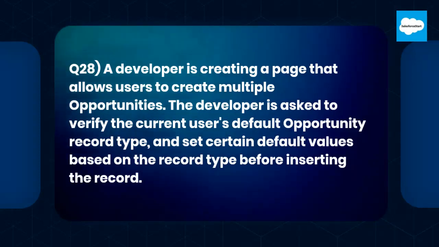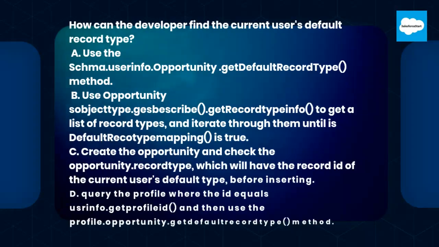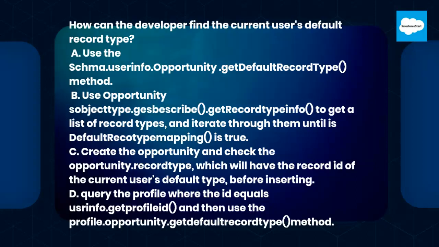Q28. A developer is creating a page that allows users to create multiple opportunities. The developer is asked to verify the current user's default opportunity record type, and set certain default values based on the record type before inserting the record. How can the developer find the current user's default record type?